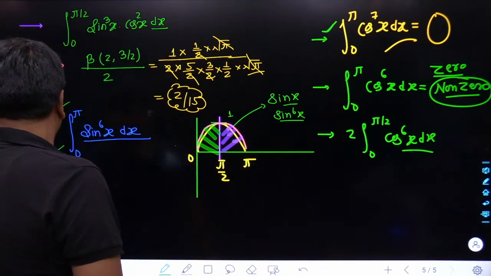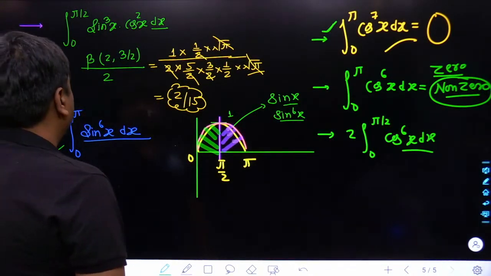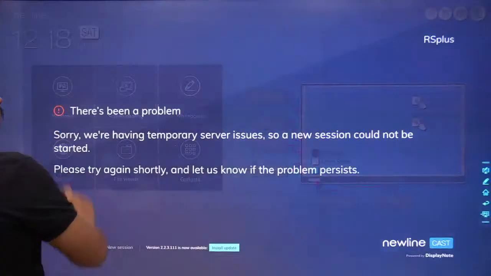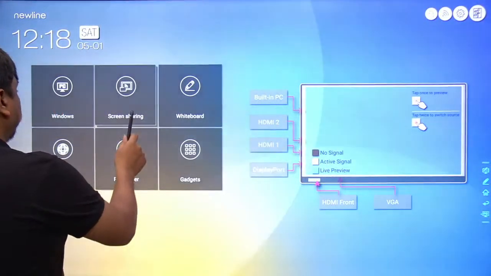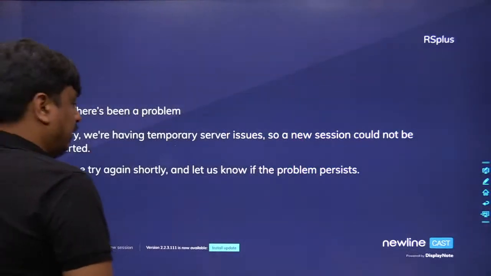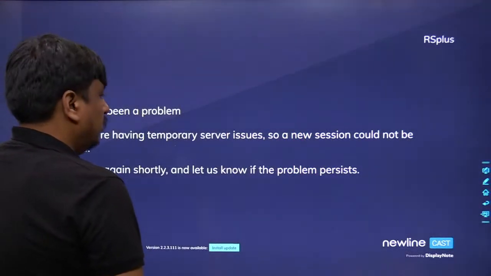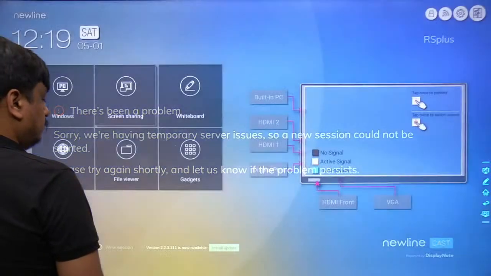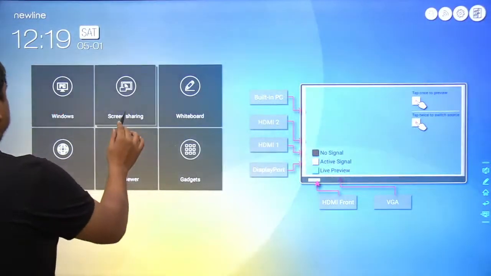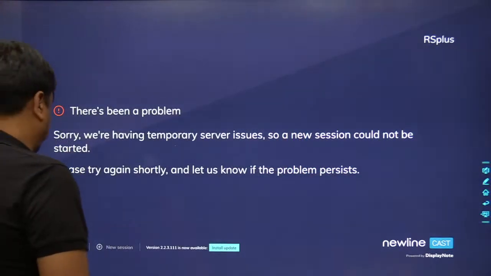For that, I am going back into the 2D grapher. Just a minute. Screen share. What has happened? It is not getting. Just a minute. New session.